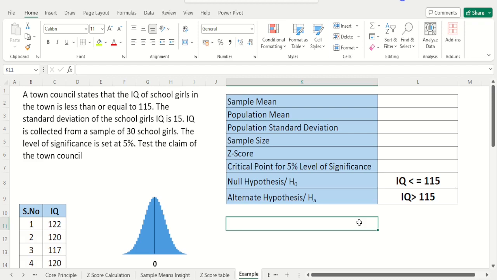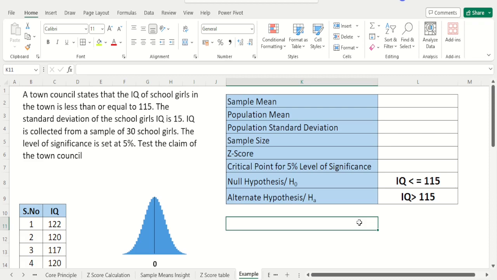Let's say you were trying to test the IQ of schoolgirls from two different towns, and you collected samples of 30 each from both the towns and you're trying to compare them. Even in that case, bear in mind that the null hypothesis will be some sort of an equality statement, generally speaking, and the alternate hypothesis, sometimes also called H1, or H subscript A, will be generally some sort of inequality.